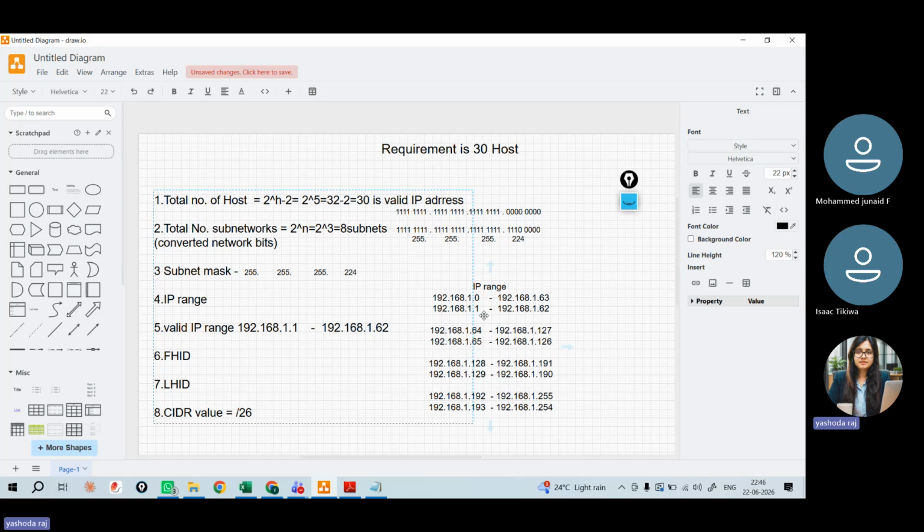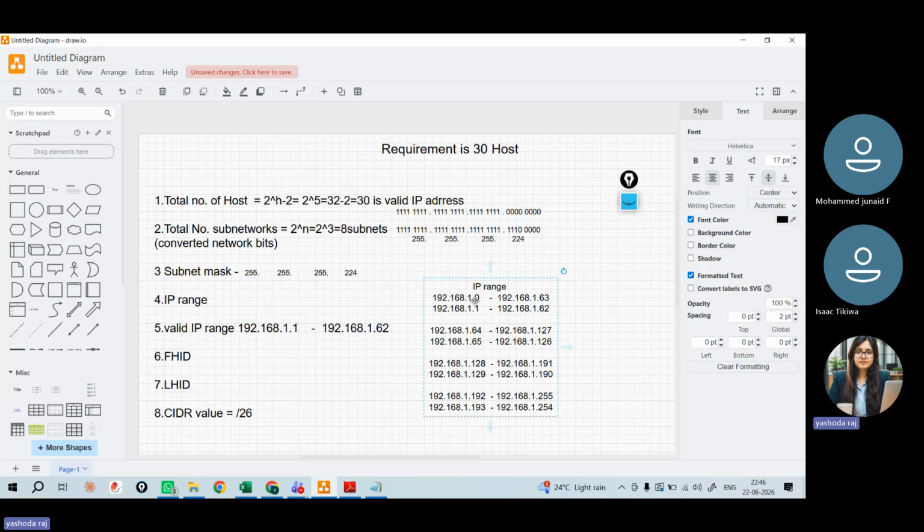Next, I have to write the IP range. How do we write the IP range? 8 subnets I will be getting.